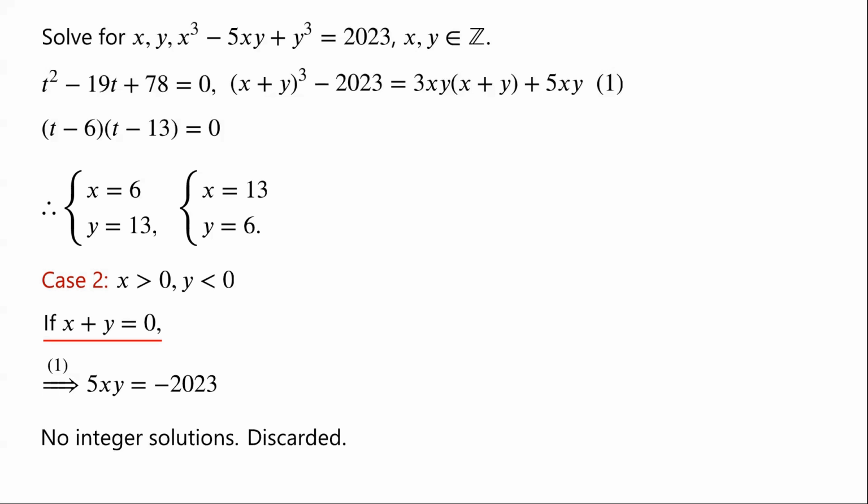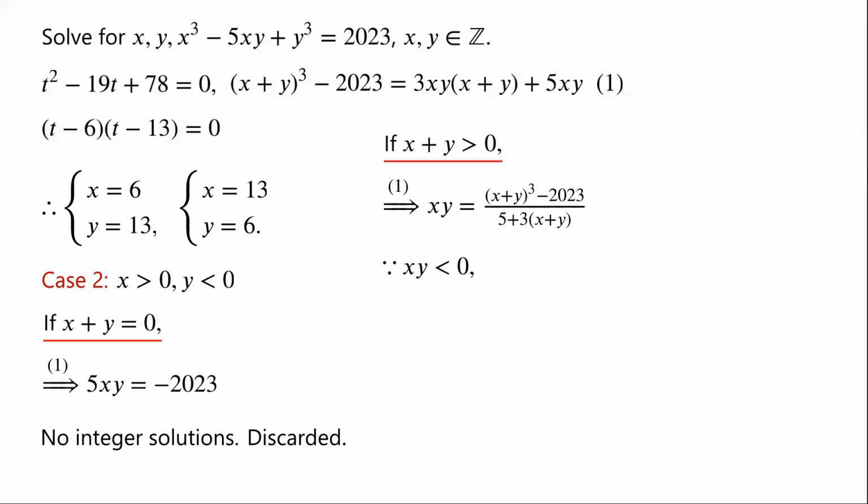So discarded. If x plus y is greater than 0, then from equation 1, we have x times y equals (x plus y) all cubed, minus 2023, over 5 plus 3 times (x plus y). Since x plus y is greater than 0, the denominator is positive. As x times y is less than 0, the numerator must be negative. That is, (x plus y) all cubed must be less than or equal to 2023.